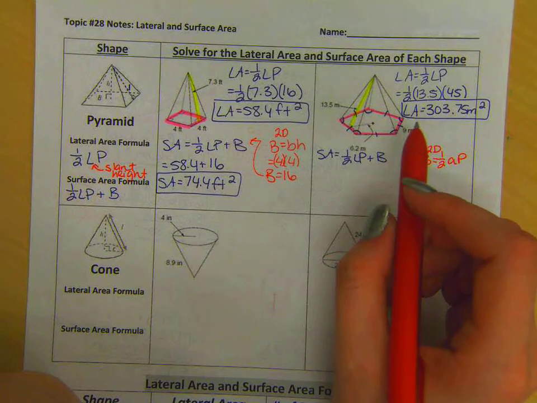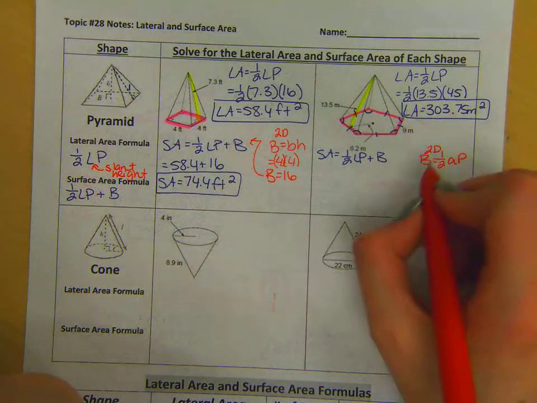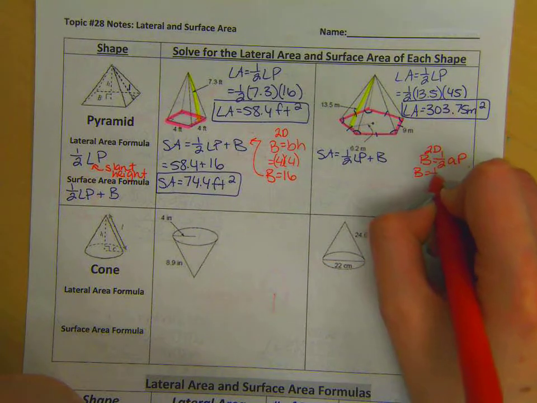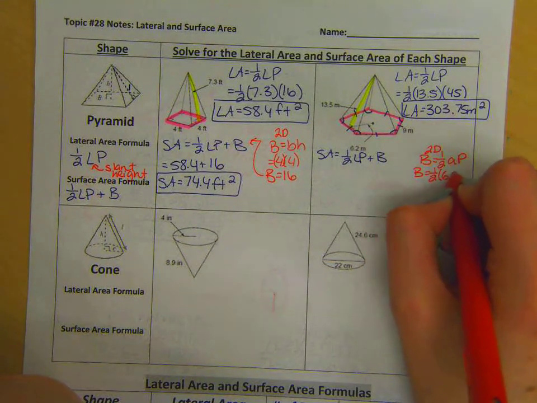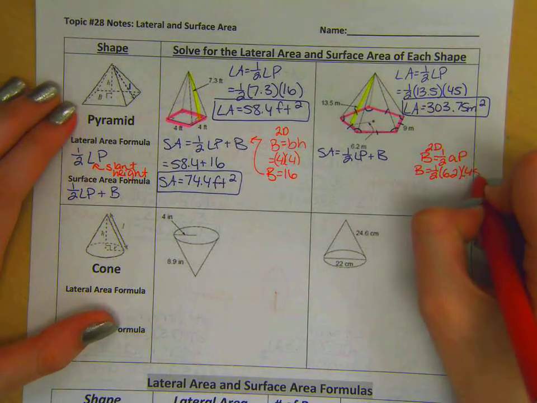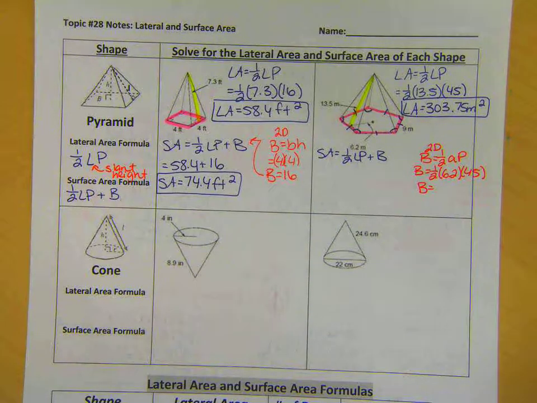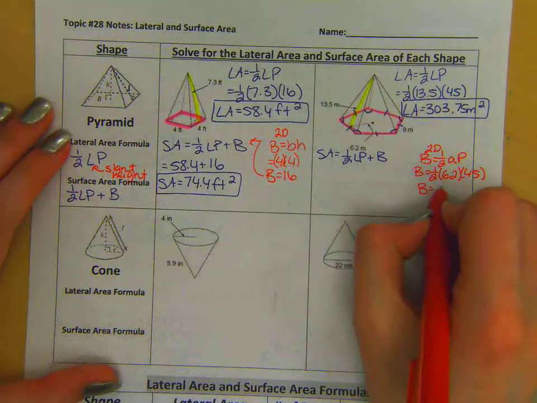So we don't have to use trig or special right triangles or anything to find the apothem. It's already given to us. So we're going to plug that value in. 1/2 times 6.2 times the perimeter, which we found earlier, was 45. So we get 139.5 for the area of our base.